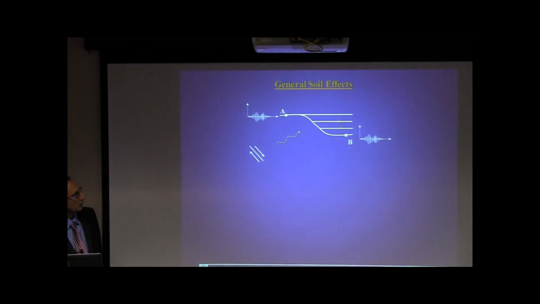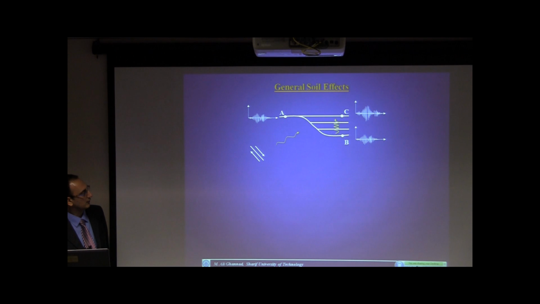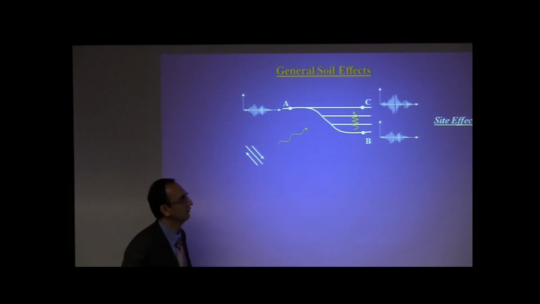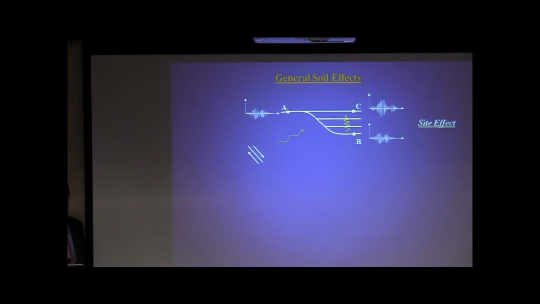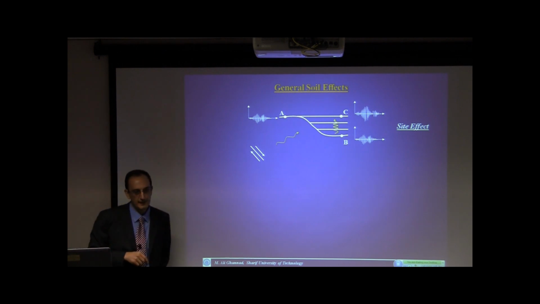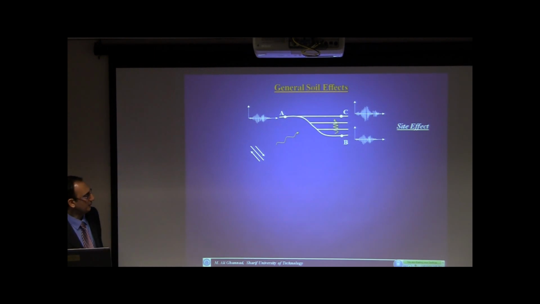But when you have soil, waves propagate through the soil layer to the surface, and the motions at the surface would be different from those recorded at point B. And this is the phenomenon that we usually call the site effect.